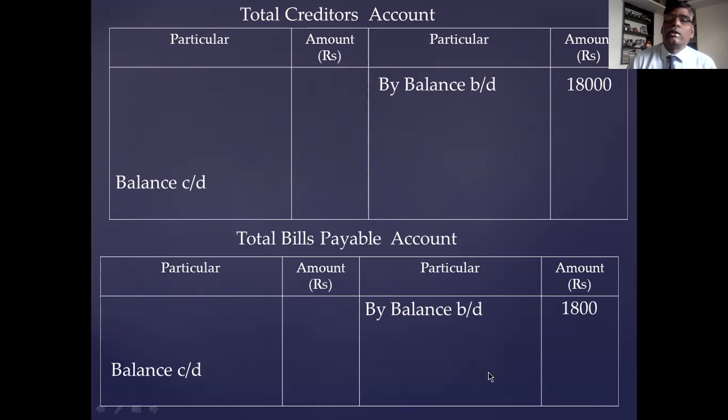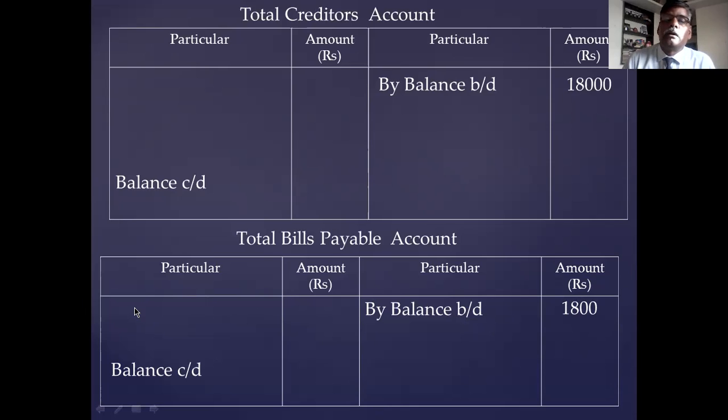Then you go to the cash book. The first statement is completed, so go to the second statement. In the second statement, the cash book, you see the credit side. In the credit side, the first item is bills payable. Payment to bills payable is there.